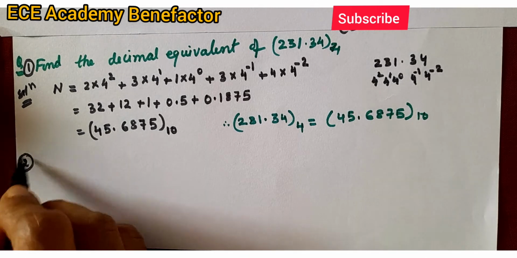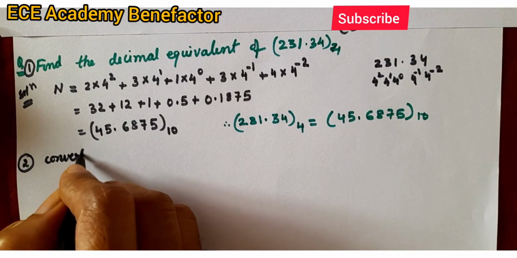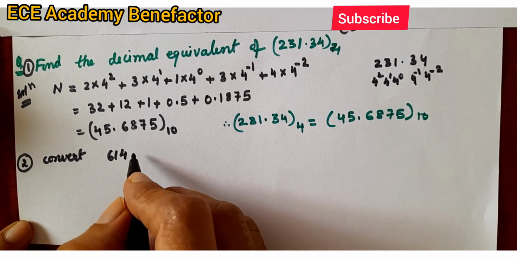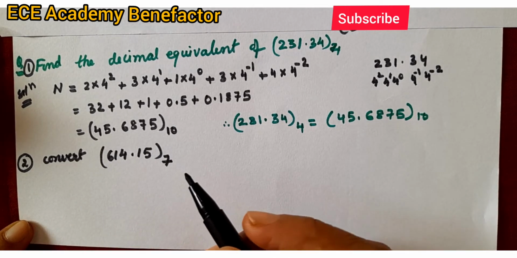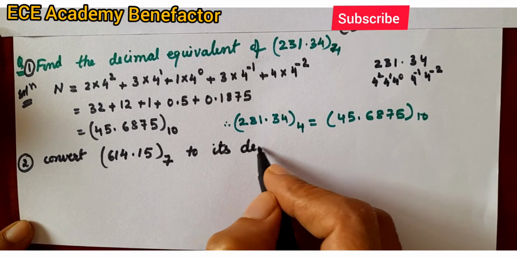Next question is convert 614.15 base 7 to its decimal equivalent.